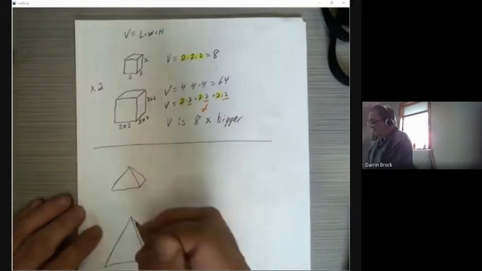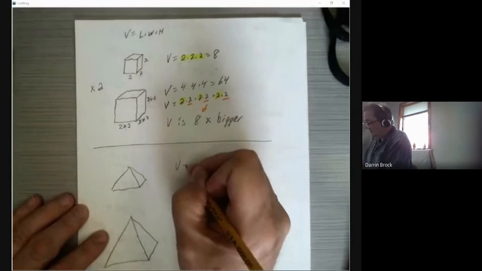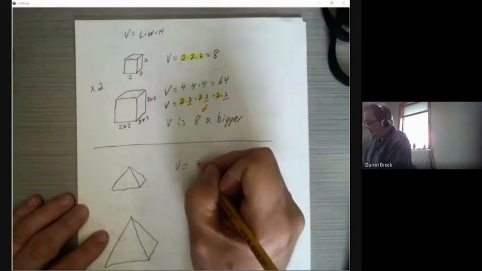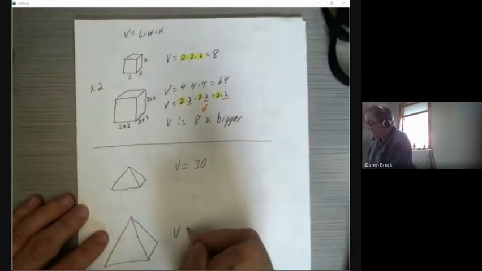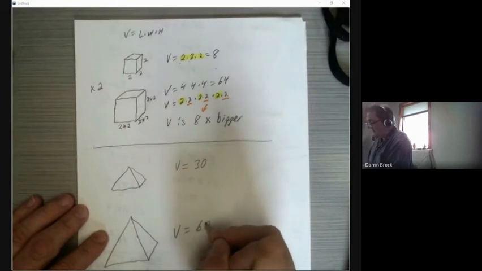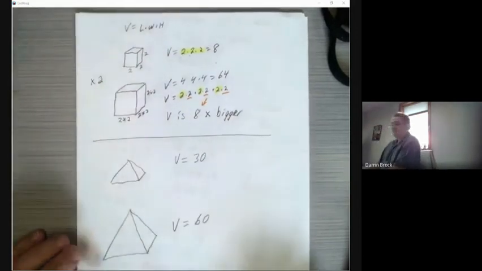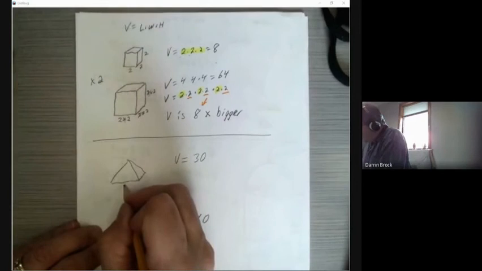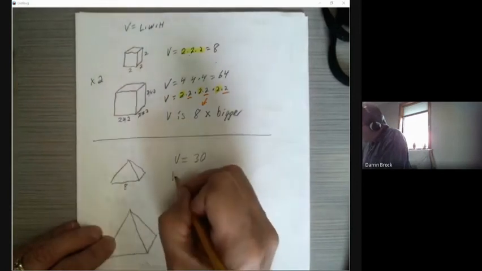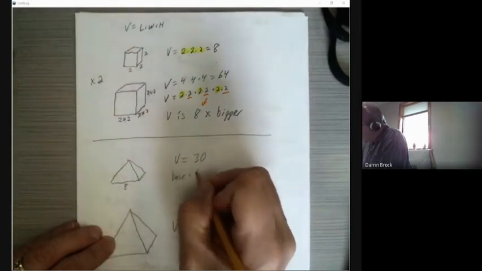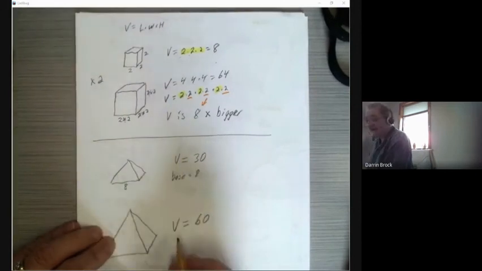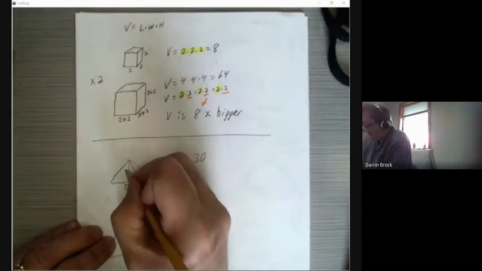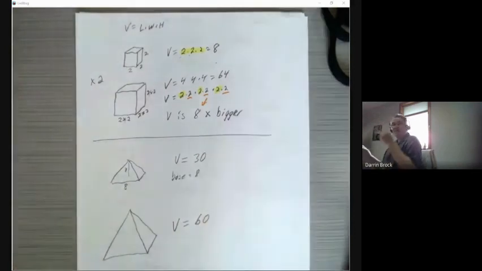And they're going to say this pyramid has a volume of 30, and this pyramid has a volume of 60. And they may tell you that the base of this one is 8. They may tell you some information like that. Or they may tell you the height. You know, the height is 10 or whatever it is.